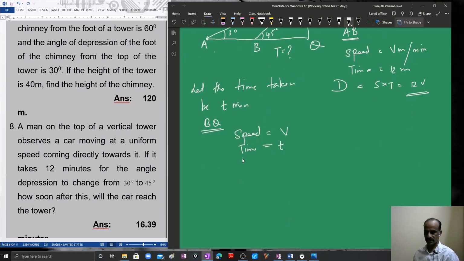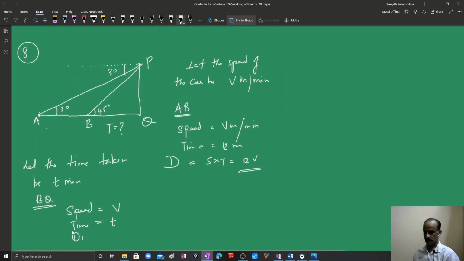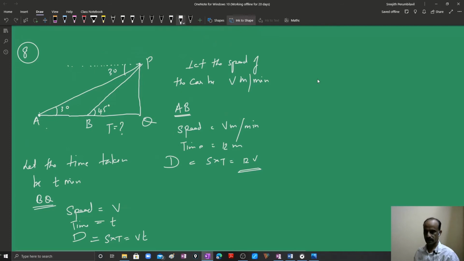Therefore, distance is equal to speed into time, that is Vt.